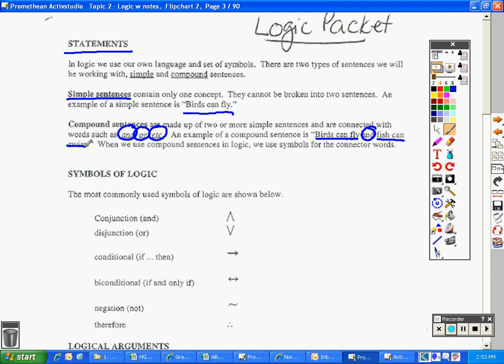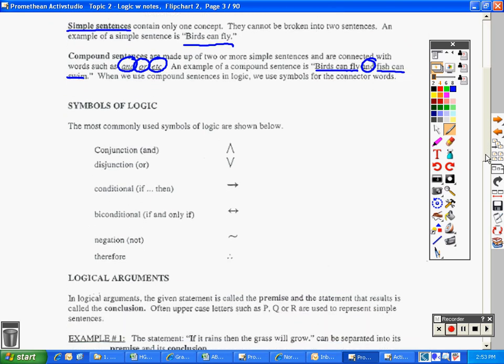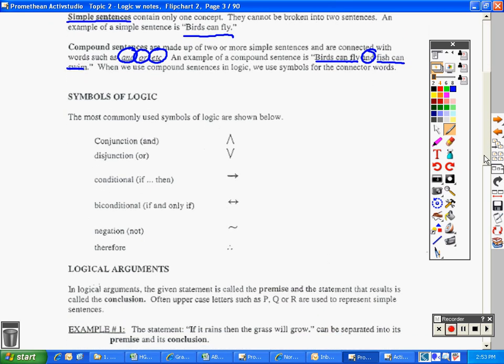We can use these compound sentences and we can use symbols instead of using those connecting words. These are the symbols that you need to know. A conjunction, which really is just a fancy word for and, looks like this upwards arrow. I like to think that it looks like an A missing its bar, so that's how I remember it.